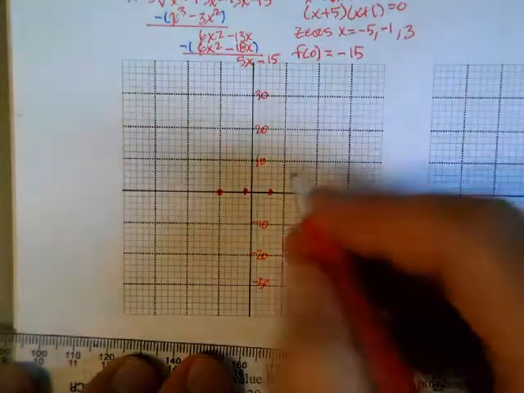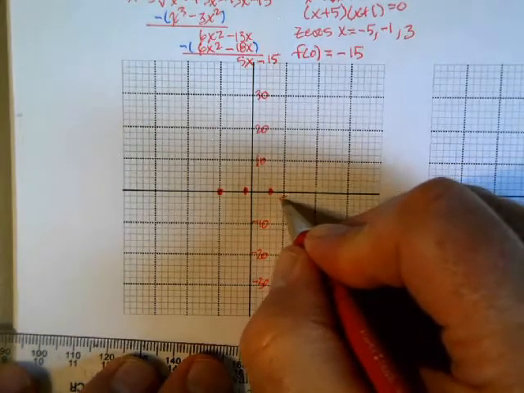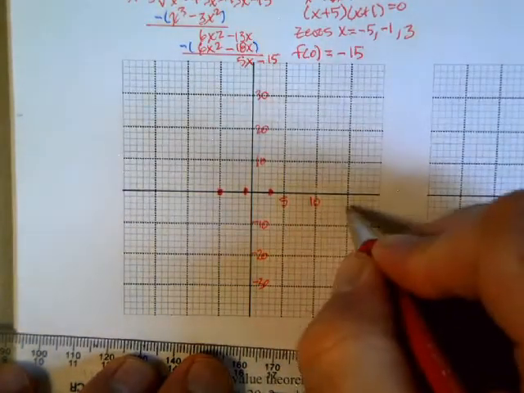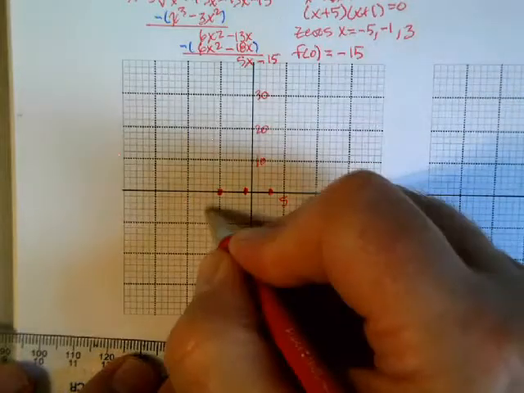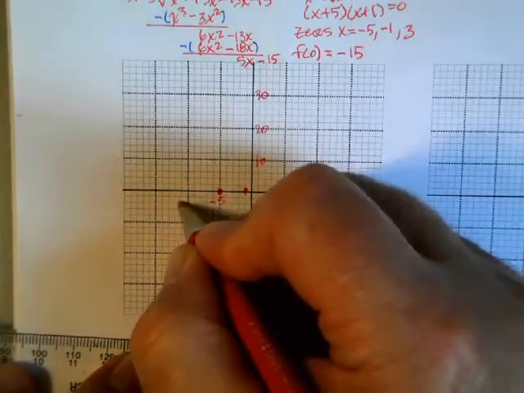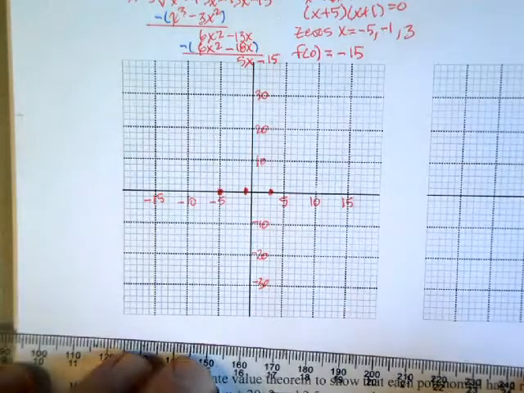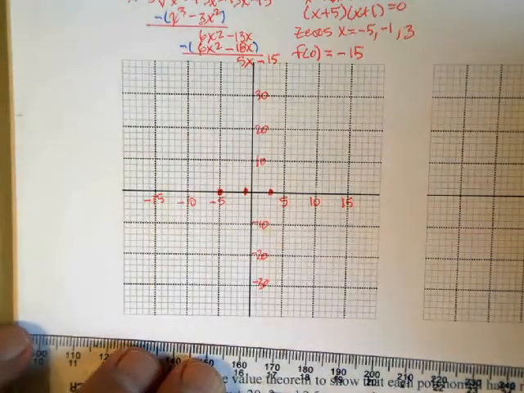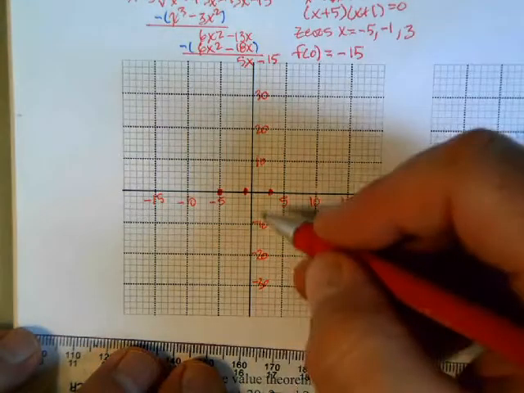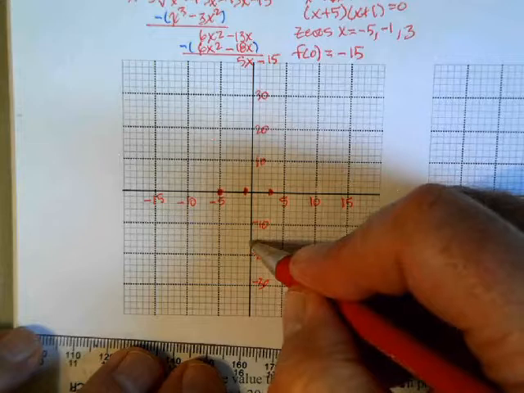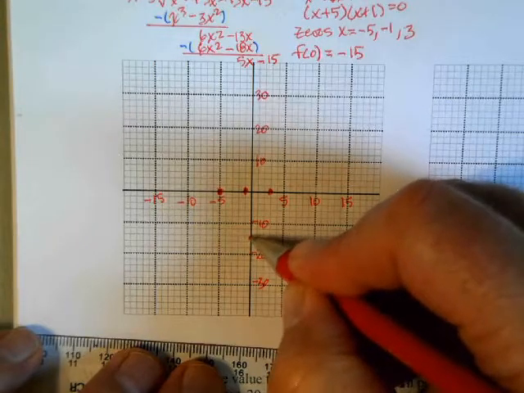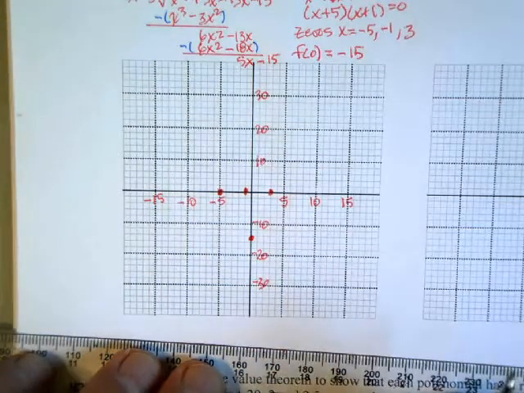That'll be 5, 10, 15, minus 5, minus 10, minus 15, like that. So that makes then the negative 15 to be right in here. So I know the graph goes through those points.